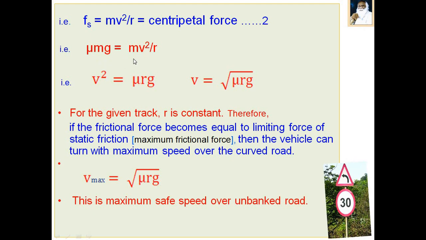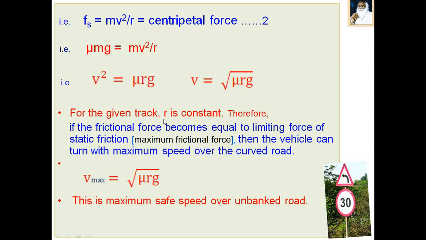From this equation we can calculate the value of v as under root mu rg. In this equation, mu is the coefficient of friction, r is the radius of the curved path, and g is the acceleration due to gravity. This is the basic equation which is necessary to solve the numericals based on the horizontal curved track.